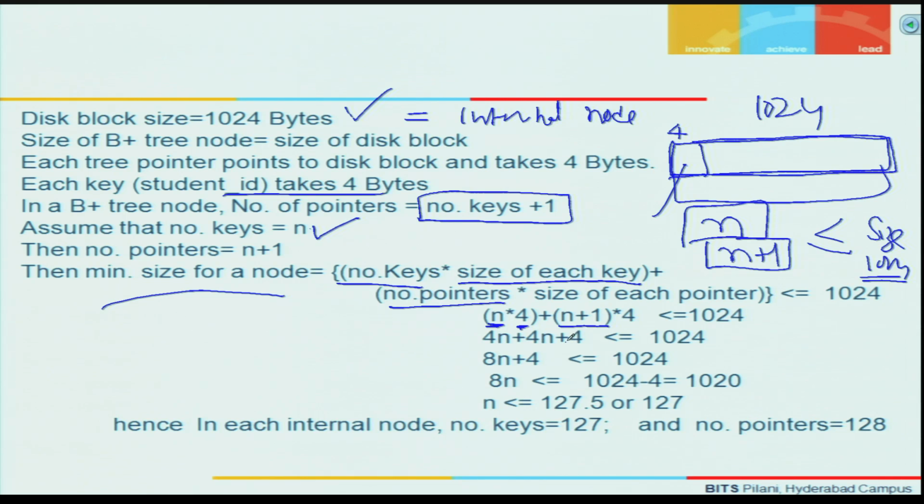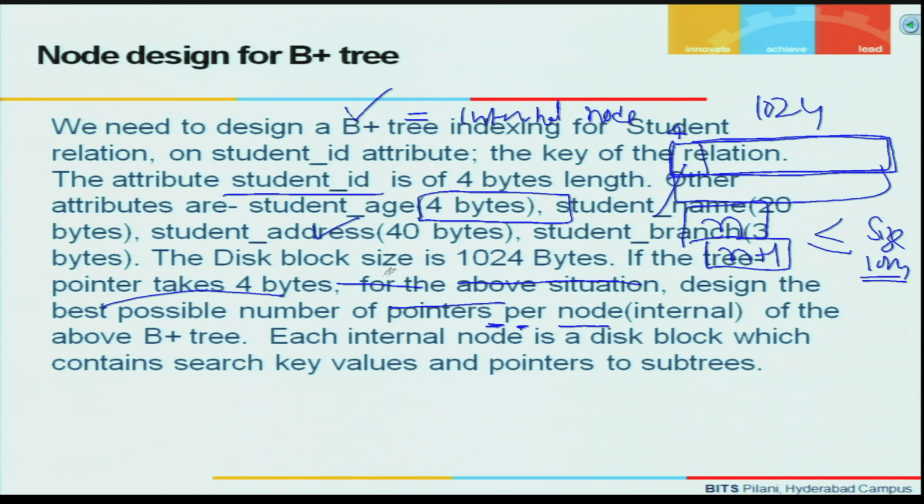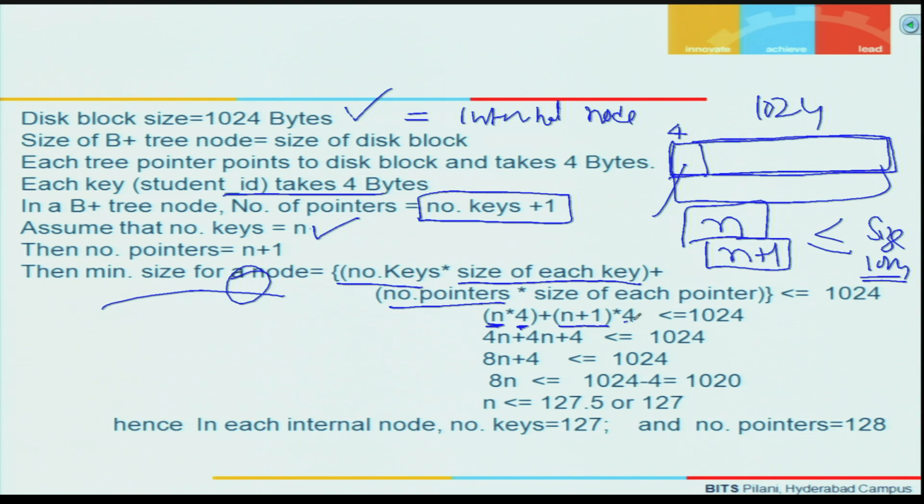Again it is going to be the block pointer, which is given as 4 bytes, so n plus 1 into 4. This is going to be the size of each internal node of the B plus tree, and since each internal node is going to fit in a disk block, it must be less than or equal to 1024.